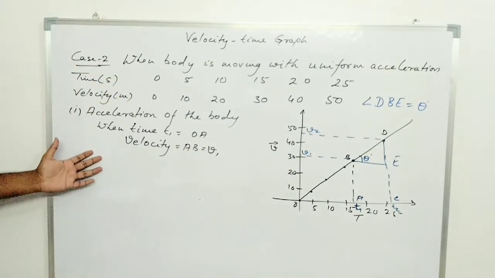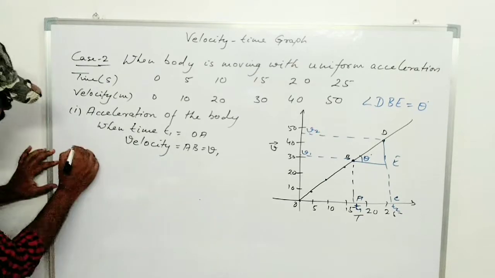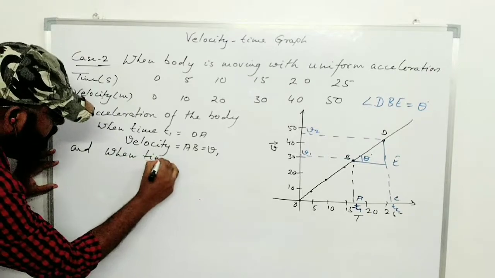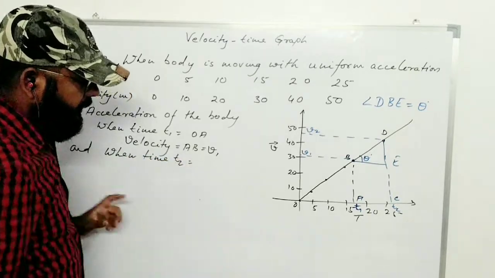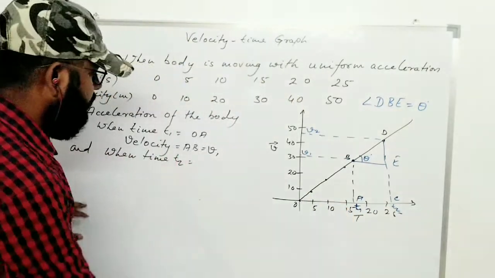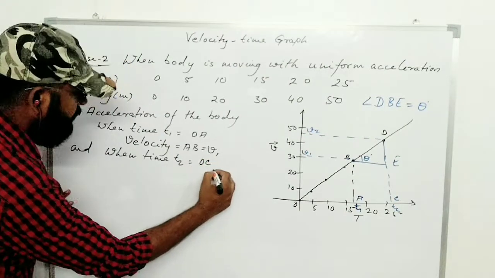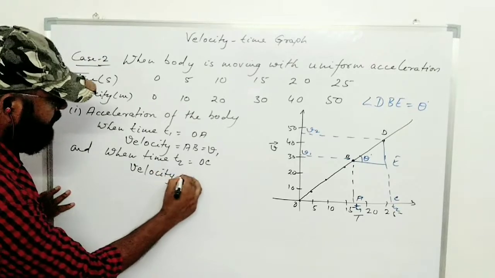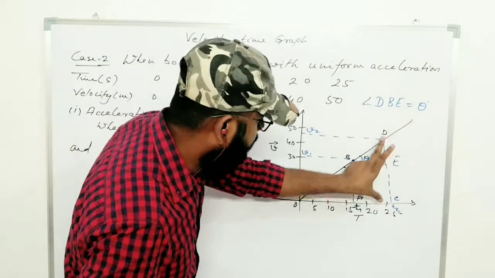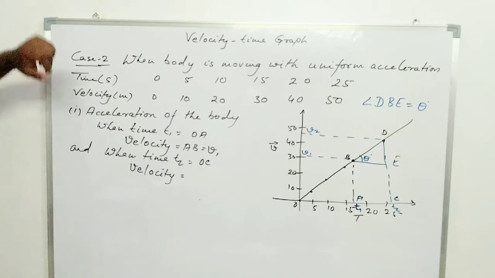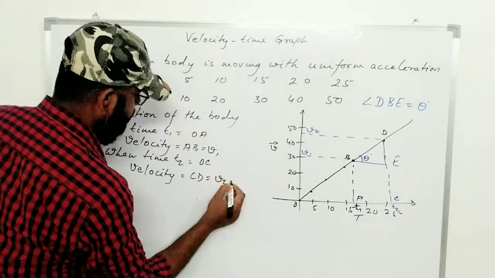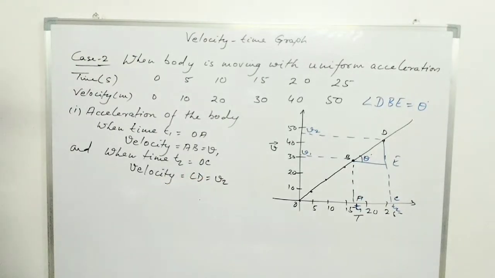Now when time T2, when time T2 means what? OC, velocity is equal to what? CD. Velocity is equal to CD means V2, or you can say that V2 is equal to CD.